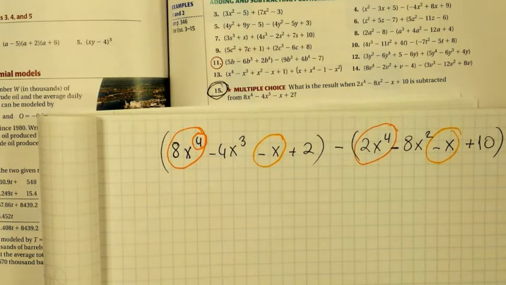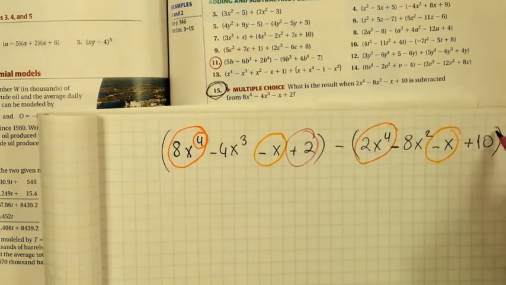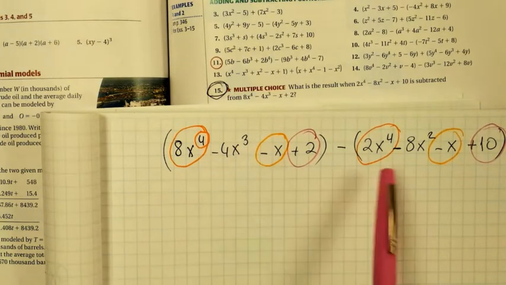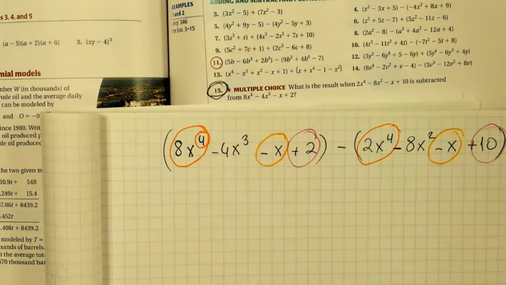And last but not least, I have the constants over here. So those are my like terms. But meanwhile, I have some terms that are not like terms at all. So I need to make sure that I don't mess up my calculations because of the fact that I'm going to do a subtraction.